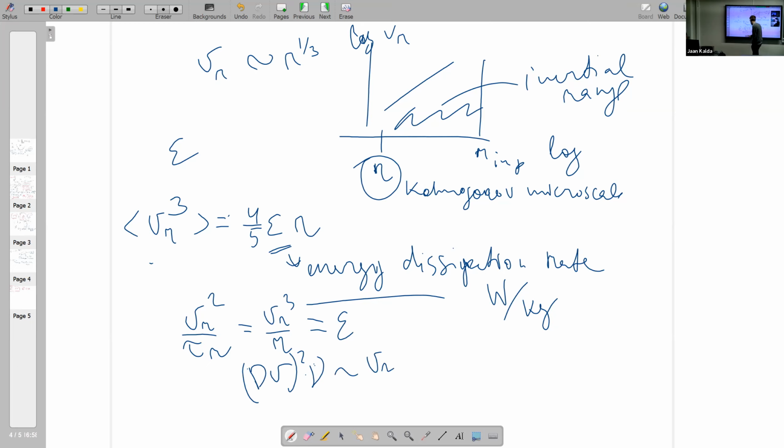Let us write not r, but the Kolmogorov microscale: V(eta) divided by eta is this gradient of V, now take the square and multiply by nu. And this must also be epsilon, the energy dissipation rate. Now we have two expressions: one from the spectral cascade, and the other from the dissipation.